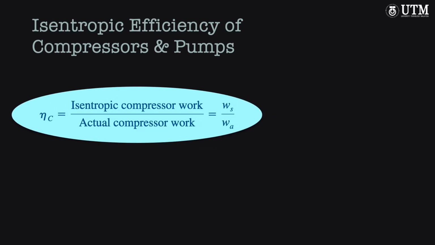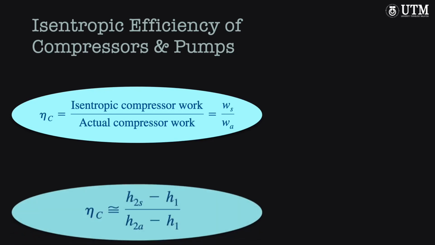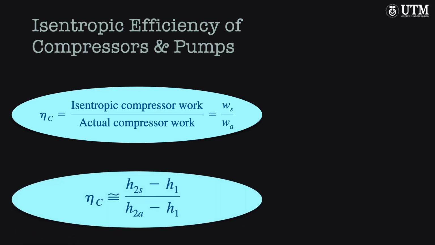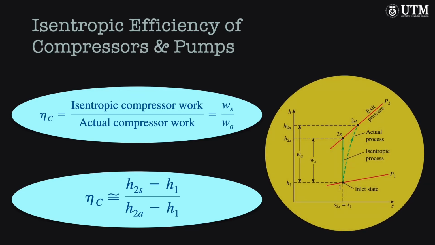When the changes in kinetic and potential energies of the gas being compressed are negligible, the work input to an adiabatic compressor equals the change in enthalpy, where h2a and h2s are the enthalpy values at the exit state for actual and isentropic compression processes, respectively.